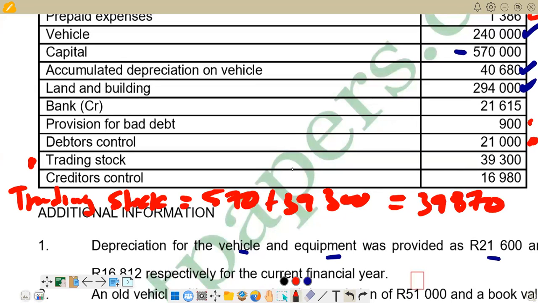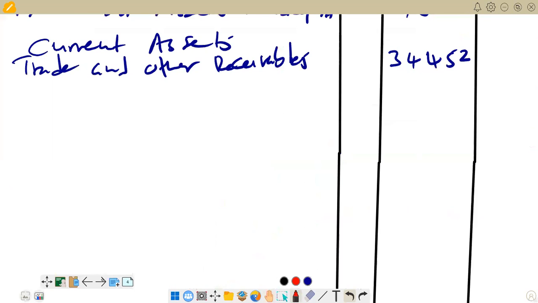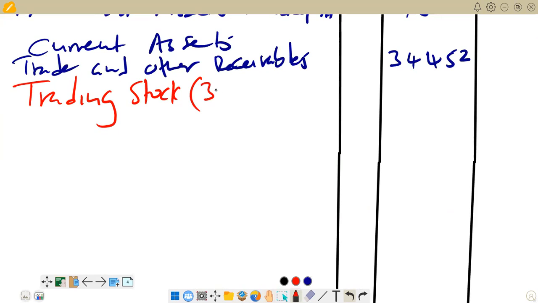So we are going there to put that figure, 39,870. Here we have our trading stock, whereby in brackets we are saying 39,300 plus 570, and the final figure that we are getting there is 39,870.